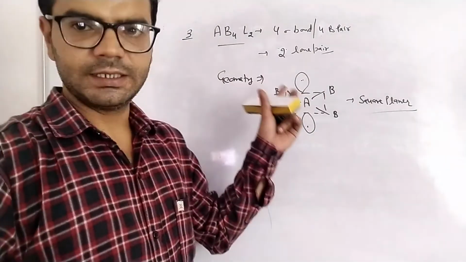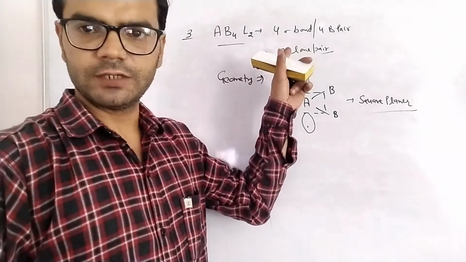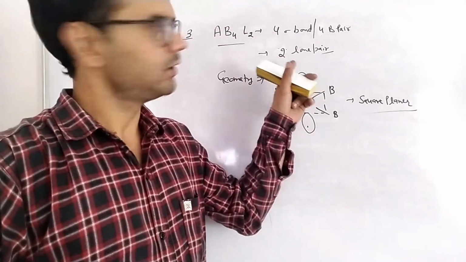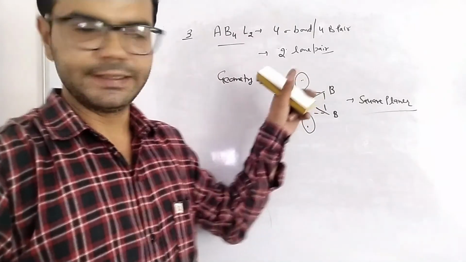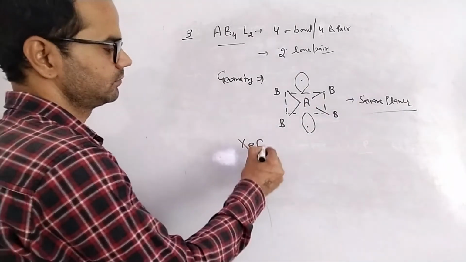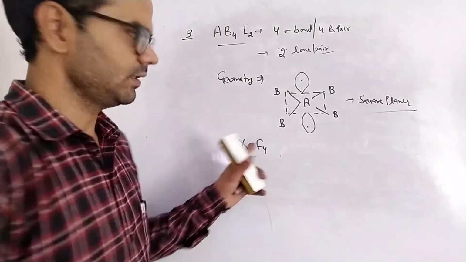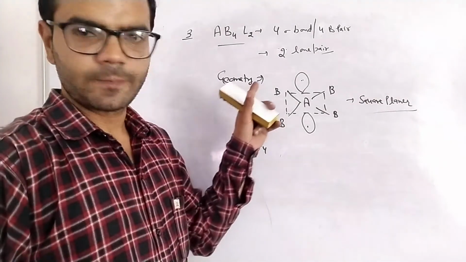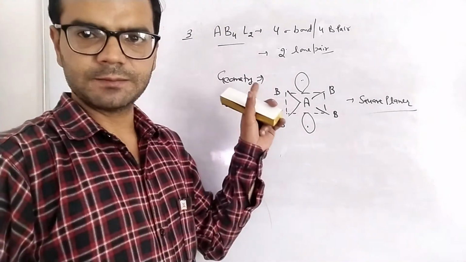So how to create an example? 4 sigma bonds use 4 electrons and 2 lone pairs use 4 electrons, total 8 electrons are required. Group number 18 will be needed: XeF4, right? That is the complete explanation for sp3d2.